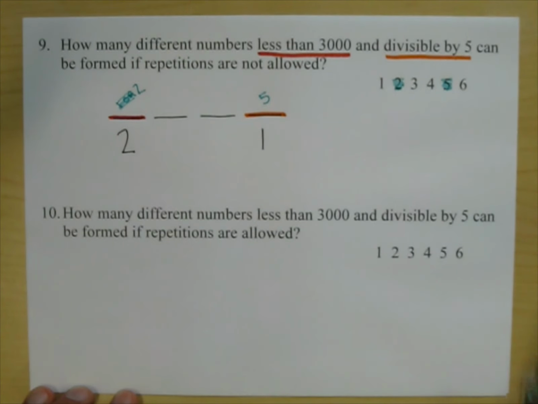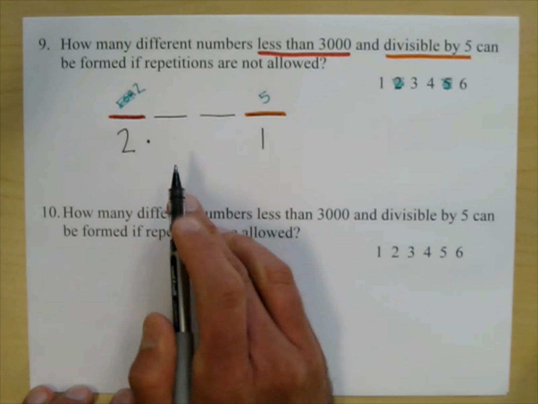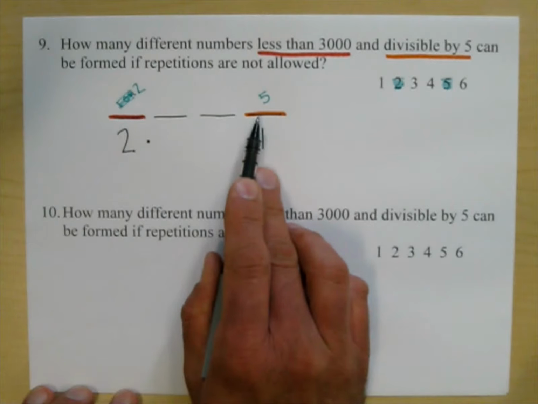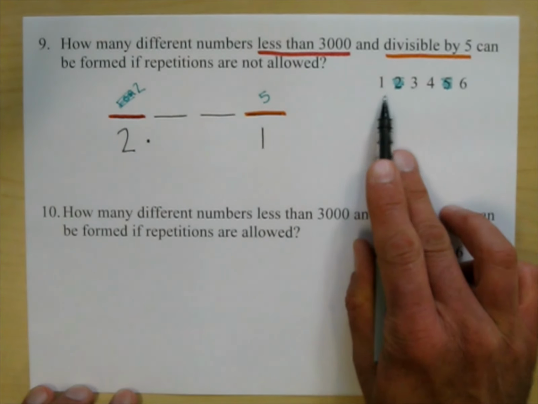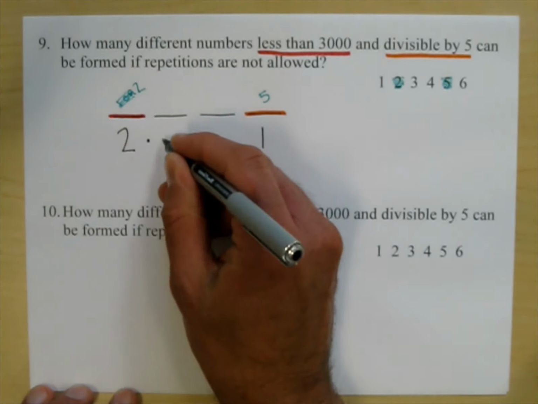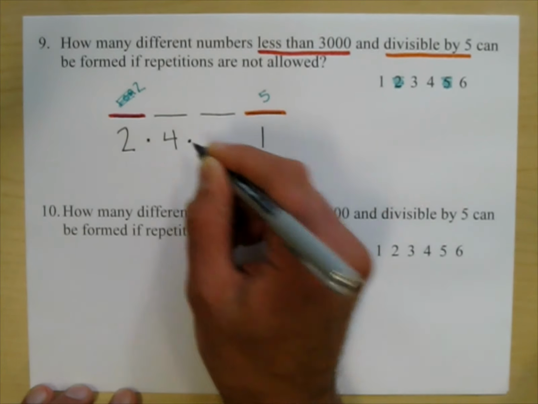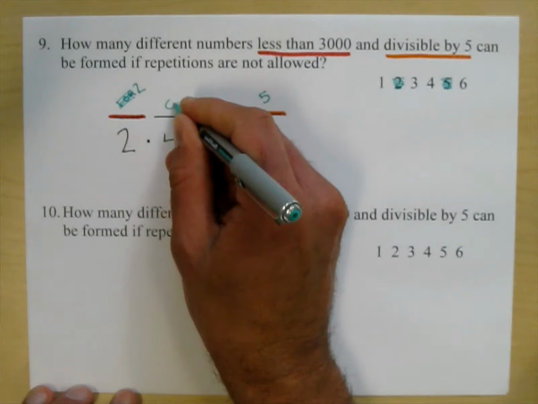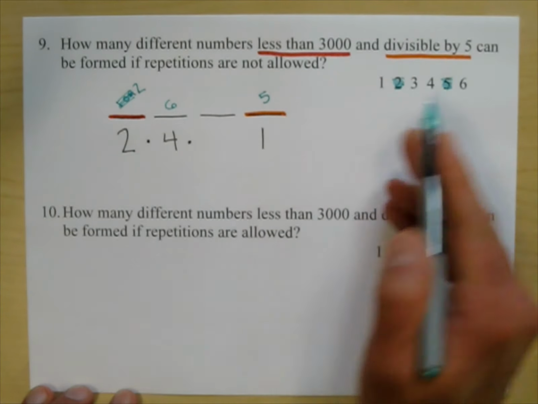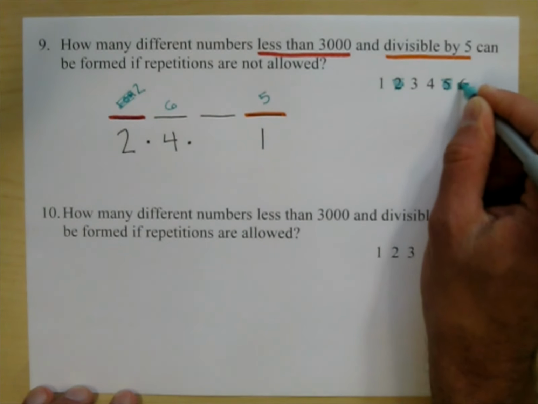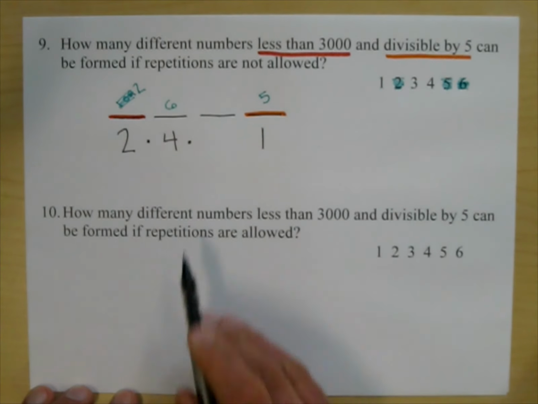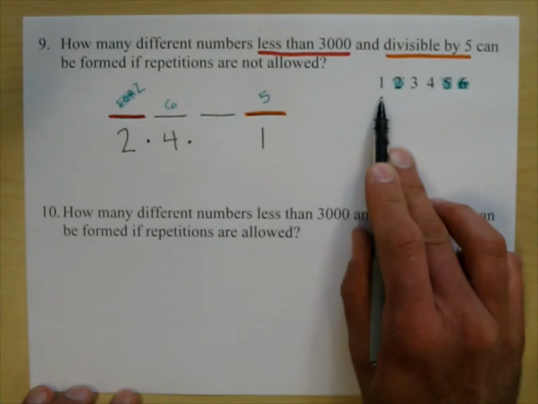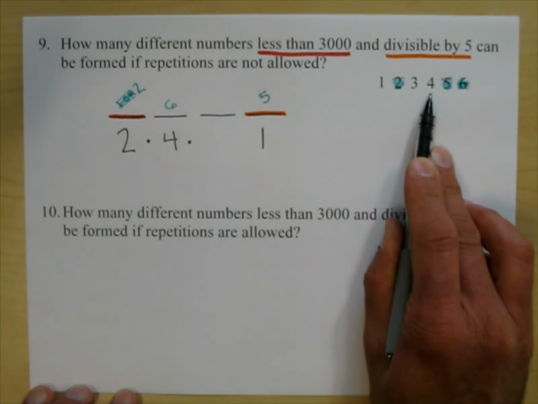Now, let's do the second slot. How many choices do I have for that slot, having used 2 of my choices already? 1, 2, 3, 4. So let's put a 6 there. So it says 2, 6, something, 5. Now, how many choices do I have for this third slot? Just 3 choices. 1, 2, 3.